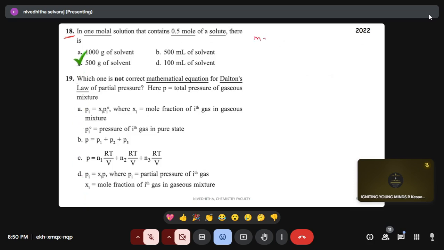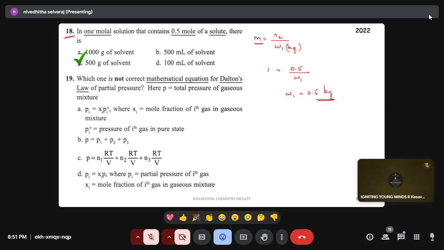Molality is equal to number of moles of solute divided by weight of the solvent in kilogram. Here, molality is 1 and the number of moles is 0.5. So W1 is equal to 0.5 kilogram, which is 500 gram. So the answer is option C.